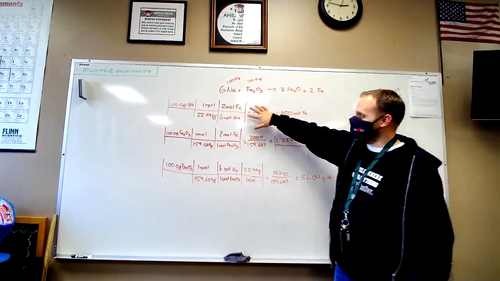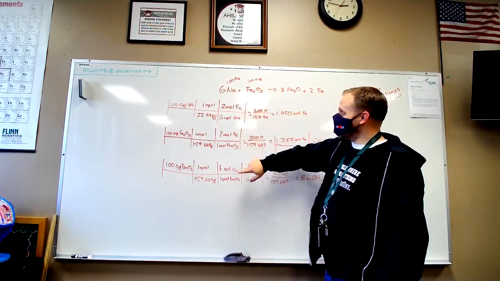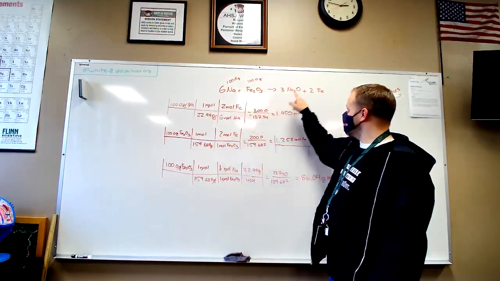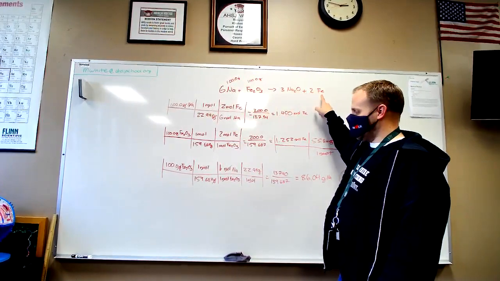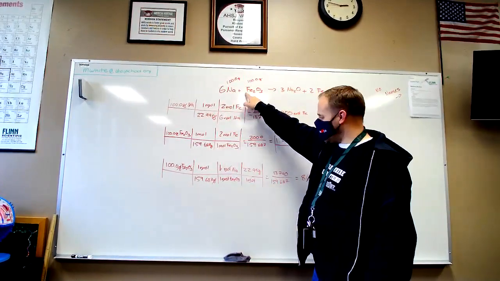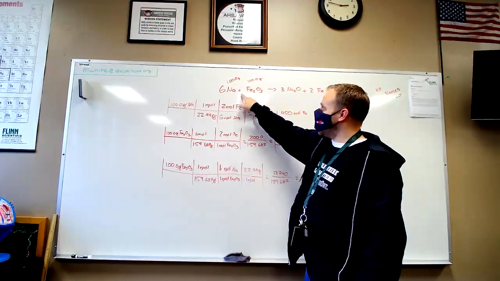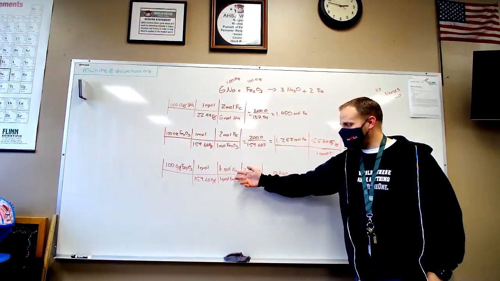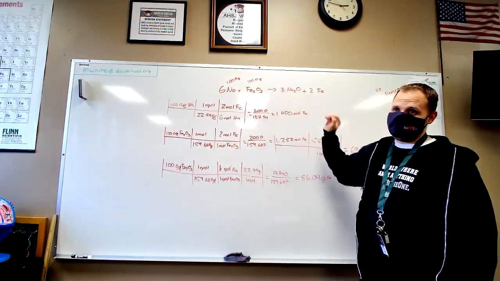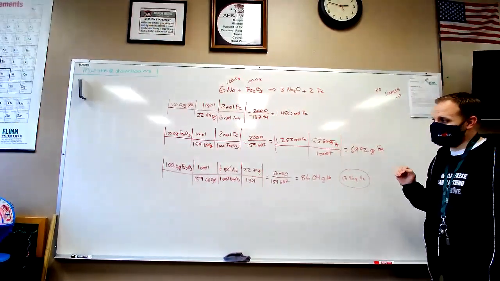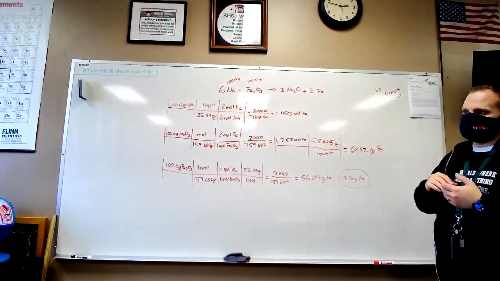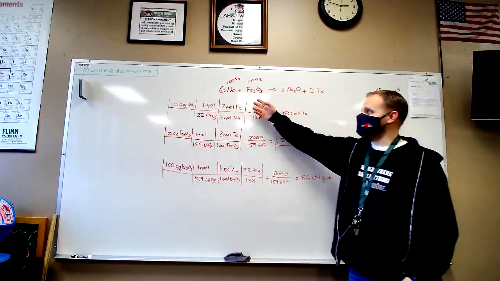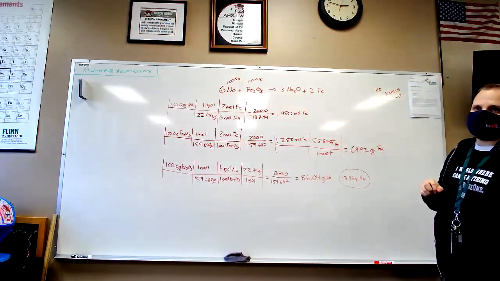Okay, that's where this mole ratio comes from. It's like this one. So one mole of the iron oxide produces 2 moles of the iron. Okay? 1 mole of the iron oxide reacts with 6 moles of the sodium. So this step, that's why we need a balanced equation. Okay, so whatever compound or element that you're changing from and to, just pull those coefficients straight from the equation.